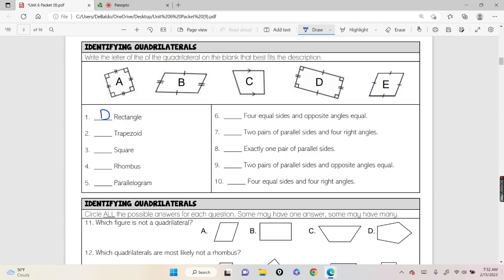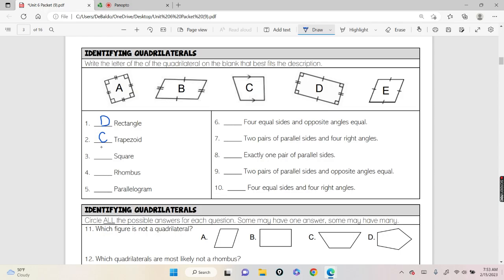Trapezoid is going to be C. And you can see that the trapezoid is C because it has one set of sides that are parallel to one another. A square, well, a square has all equal sides and right angles, so that'll be A. A rhombus is going to be E, and that's going to be equal side lengths, but opposite angles congruent.